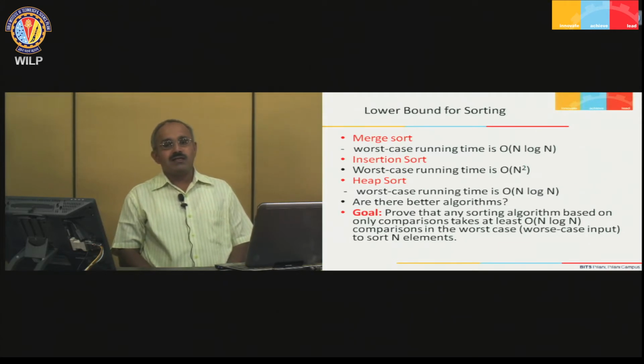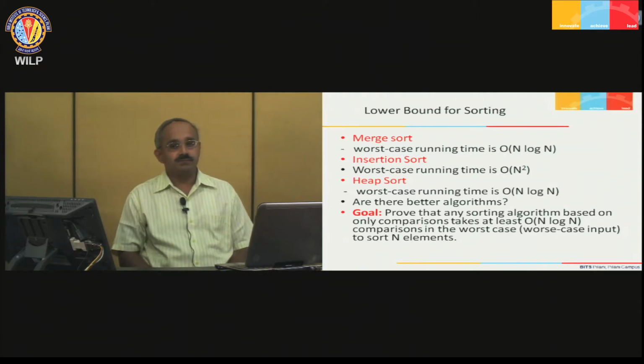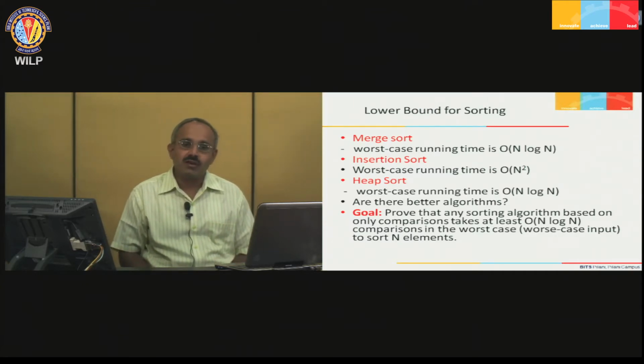We also observed that for insertion sort the best case happens in linear time, whereas in merge and heap even the best case is n log n time. We also saw quick sort where the best time is n log n and the worst case is n squared.